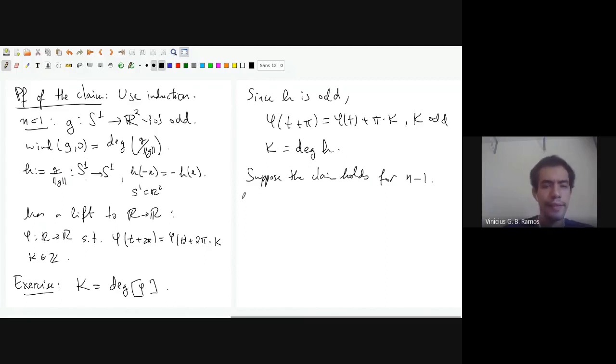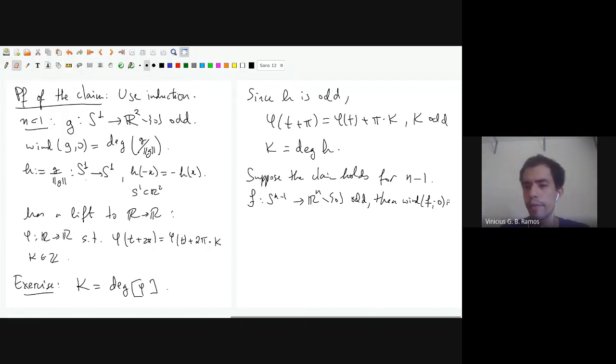It means that any time you have a function from S^(n-1) to R^n which misses 0 and is odd, then the winding number of f with respect to 0 is odd, or is 1 mod 2. Okay, so we're going to suppose that, and we're going to show that this claim is also true for n.